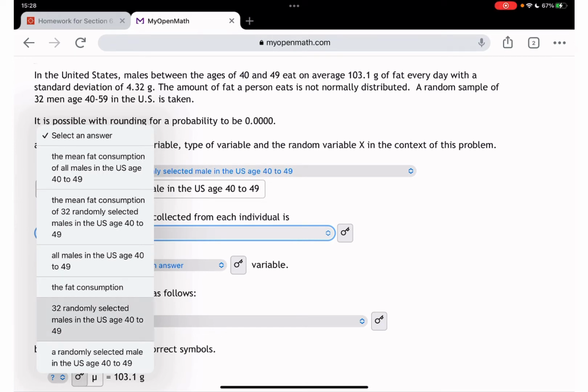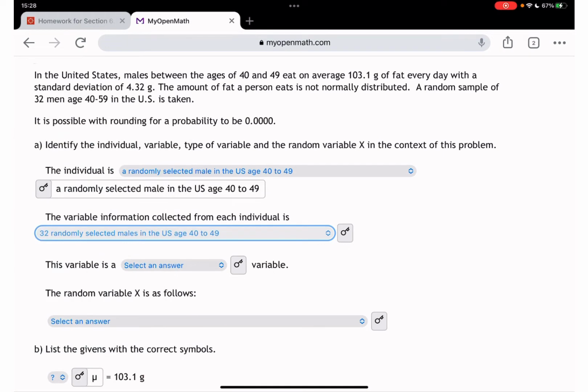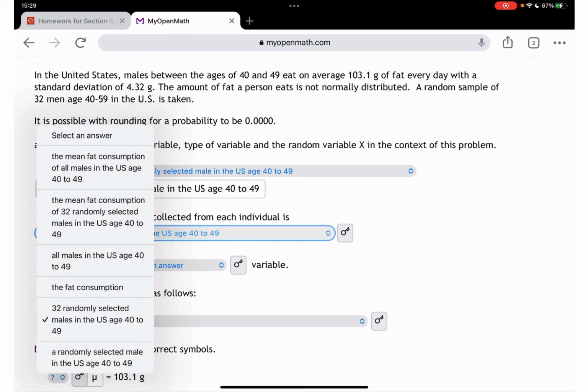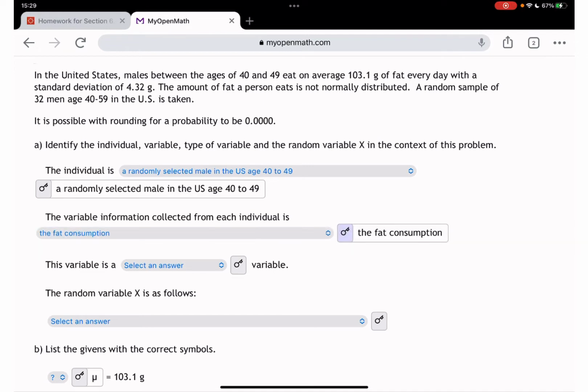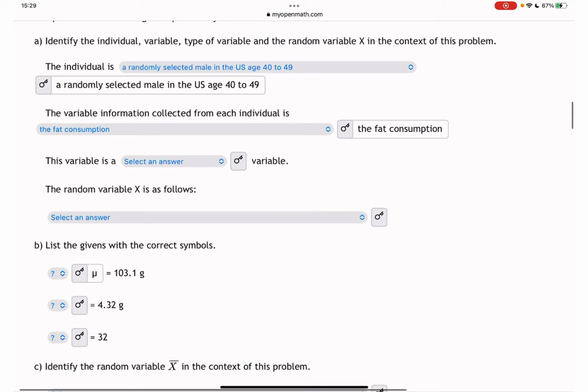So the mean consumption of 32 randomly selected males. No, let's put it this way, fat consumption. Checking, because that's what we check, right? The variable information, fat consumption is right.